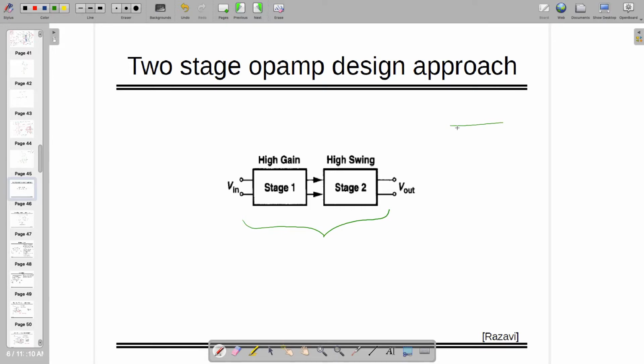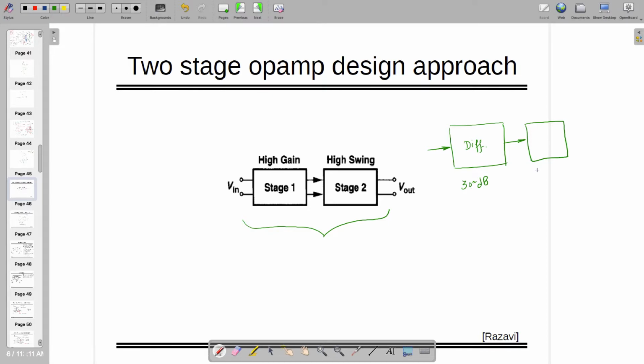we have used a differential amplifier whose achievable gain is around how much? 30 dB, right? So 30 dB is achievable, and one more stage we are adding depending on our application.